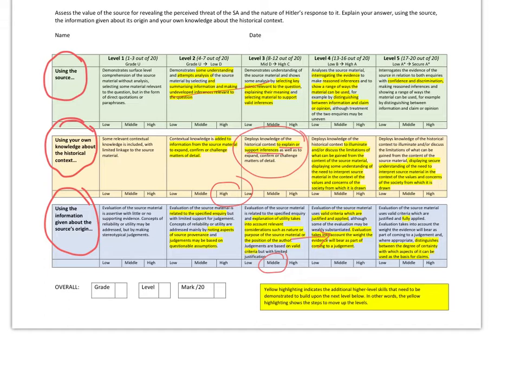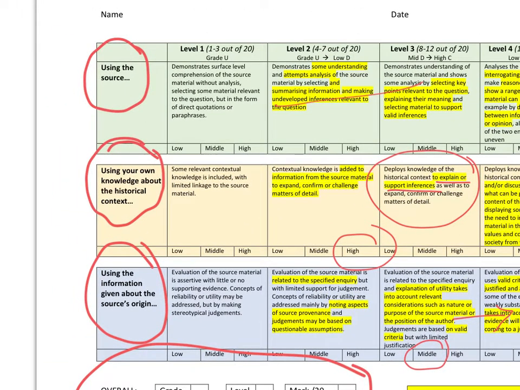So you need to be looking carefully at what level you got for each of those three skills, and thinking, right, well, what's my next step to get a higher mark for each of those three skills? And the final overall grade that you get is an amalgamation of those three things. You've got to basically be achieving all three things. It's a combination of the levels for all three that create your overall level.